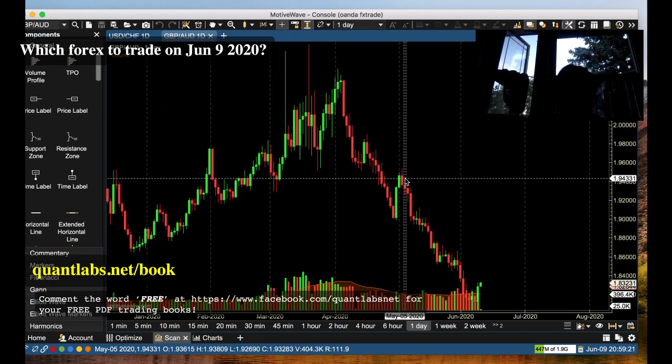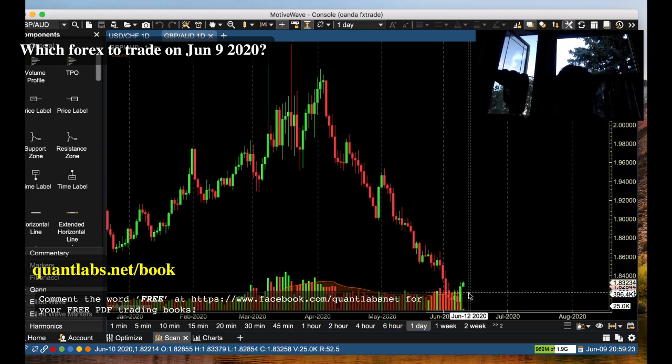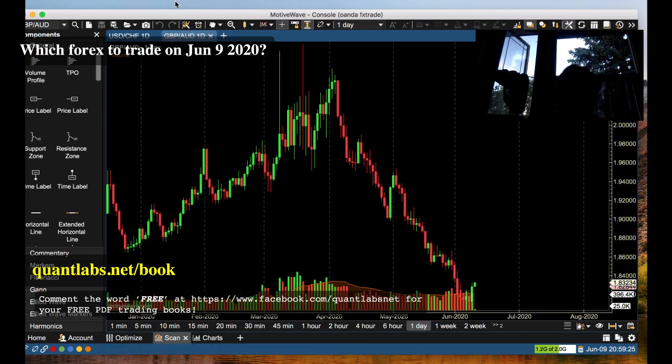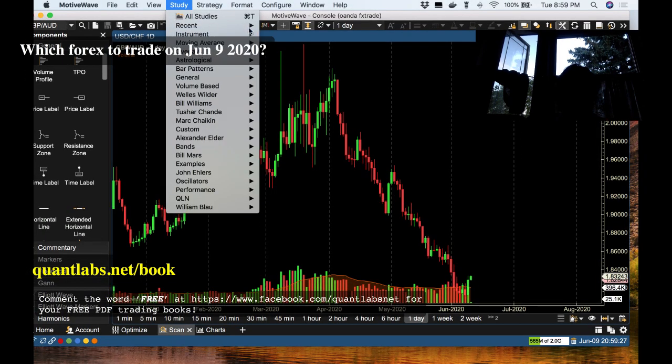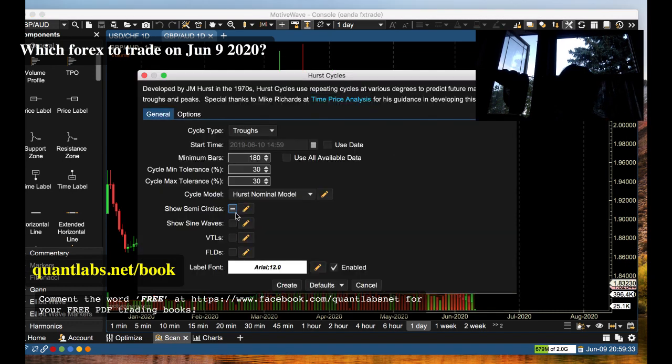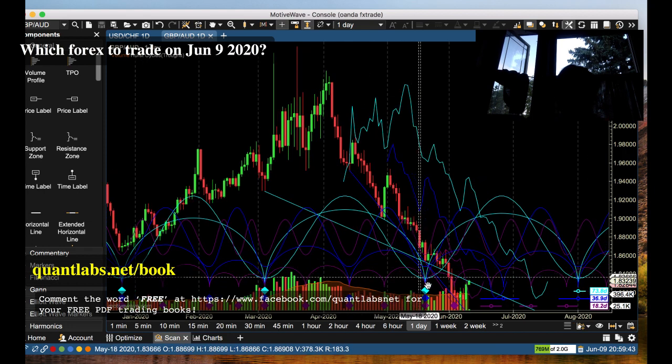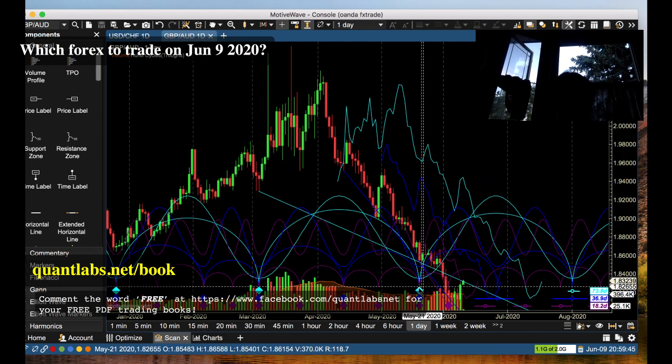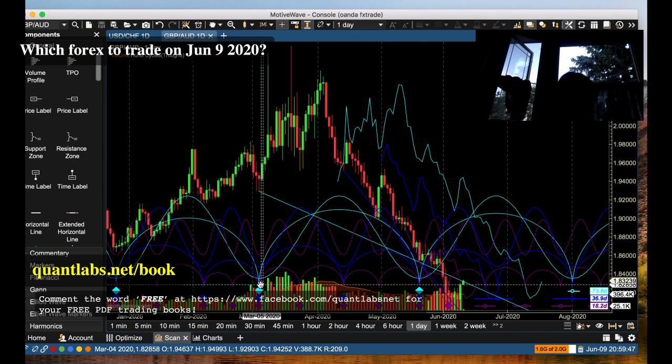Okay. So it's in a decline. That's not very good. Let's do a Hurst cycle. See if we are entering into a reversal. Okay, so we are somewhat in a reversal.